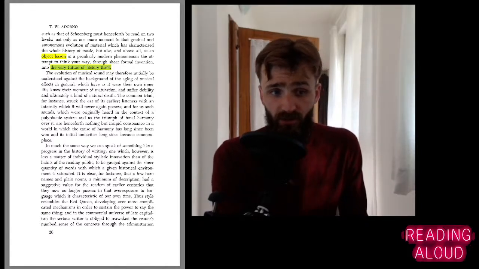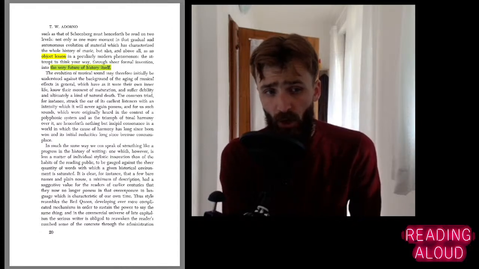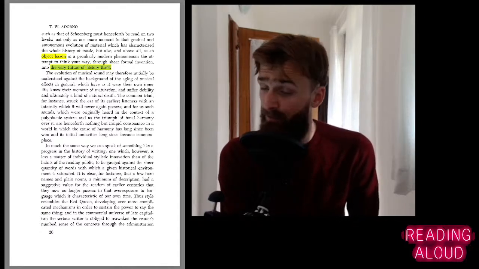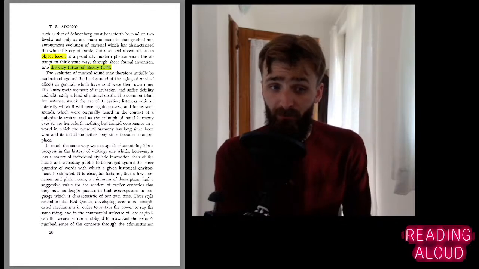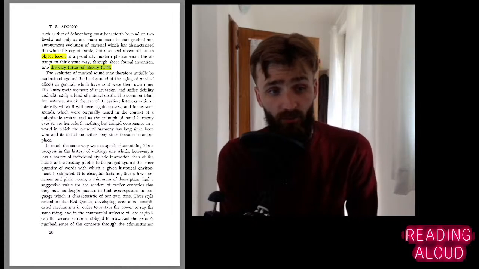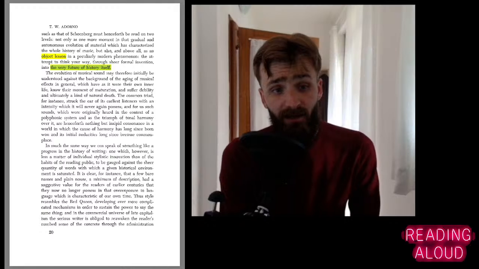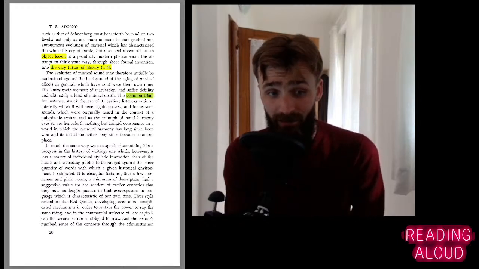The evolution of musical sound may therefore initially be understood against the background of the aging of musical effects in general, which have, as it were, their own inner life, know their moment of maturation, and suffer debility and ultimately a kind of natural death. The common triad, for instance, struck the ear of the earliest listeners with an intensity which it will never again possess.